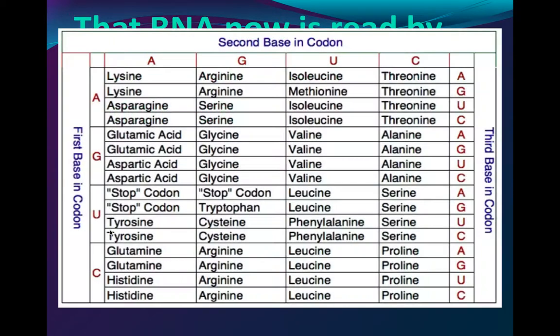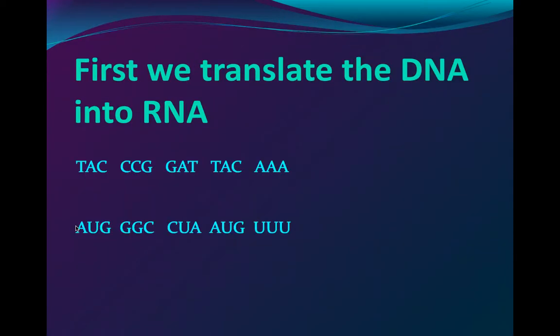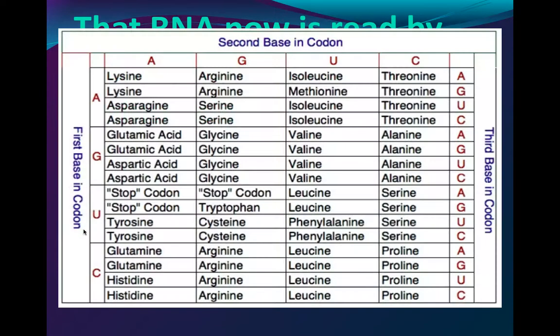All right, so what you'll notice in this codon chart is it says first base, second base, third base. There's A's, there's G's, there's U's, there's C's, all over the place. So how do I read this? Well, the first thing I need to know is what is my first base in the codon? So if I go back, my first base is an A, okay? So that means my answer is somewhere in this A column, okay?